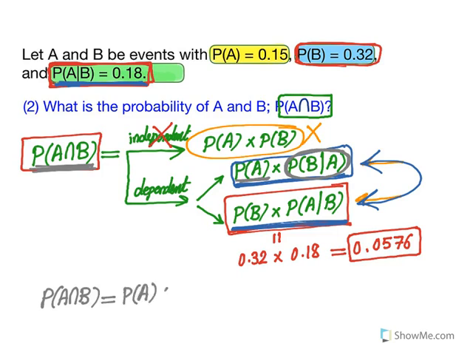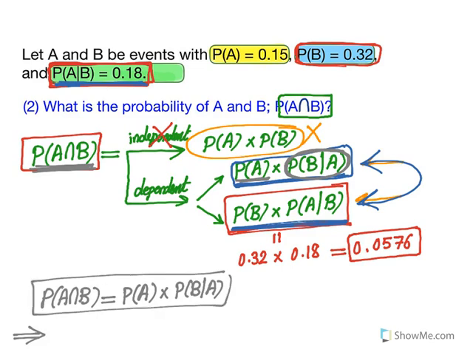It's probability of A times probability of B given A. And so this rule here is going to imply that probability of B given A is just the probability of A and B divided by the probability of A.